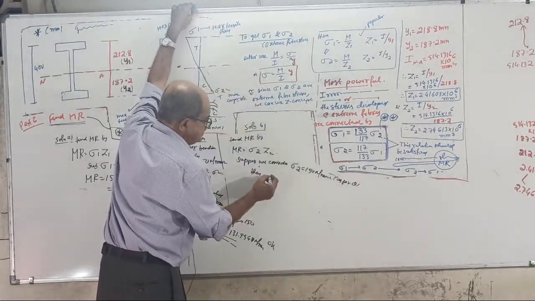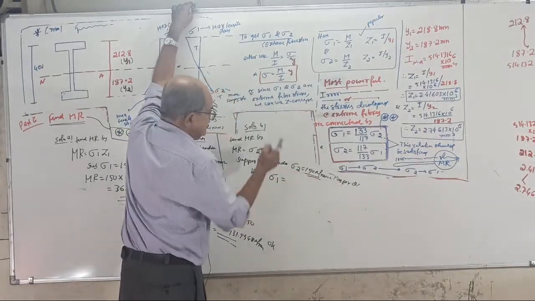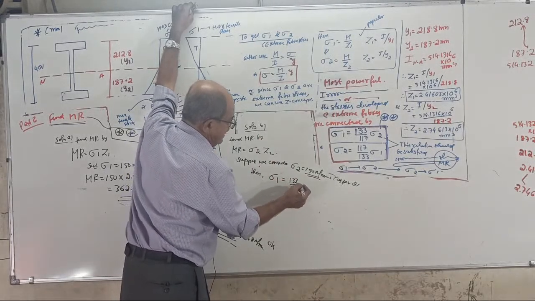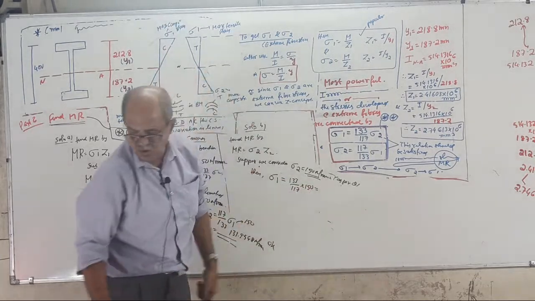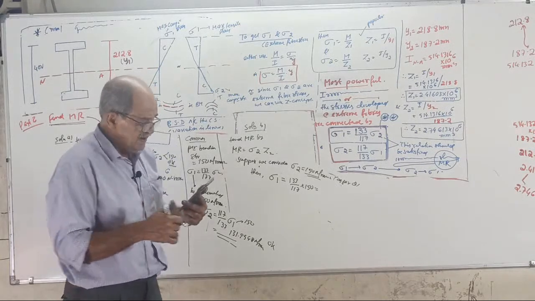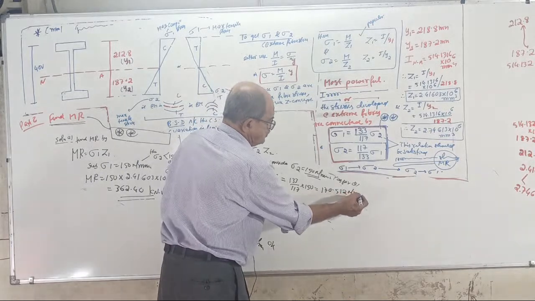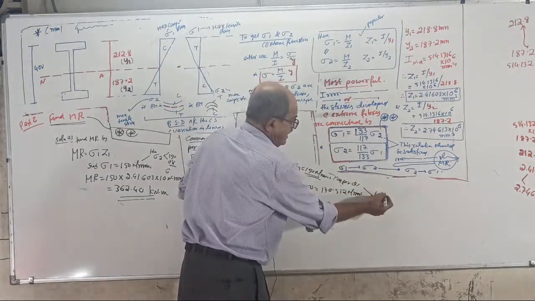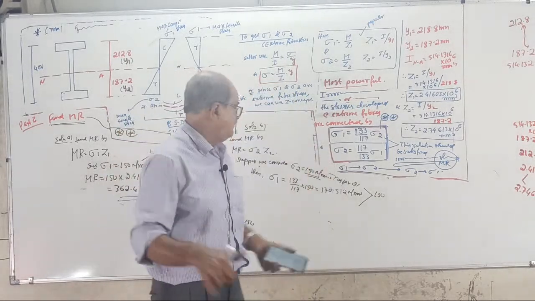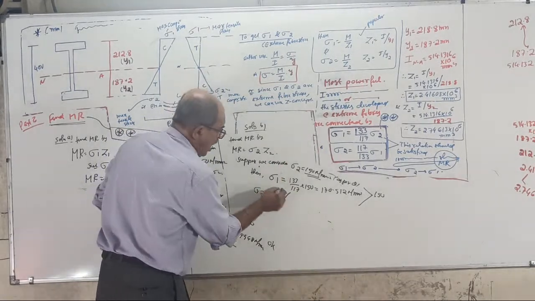Then your sigma 1, the stress at the top fiber, will reach how much? 133 by 117 of 150, that is equal to 170.512 Newton per mm square, which is more than 150, because in the question they told bending stress is not to exceed 150. Therefore, sigma 2 equal to 150 is not allowed.